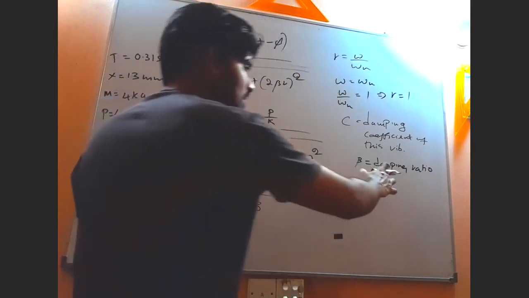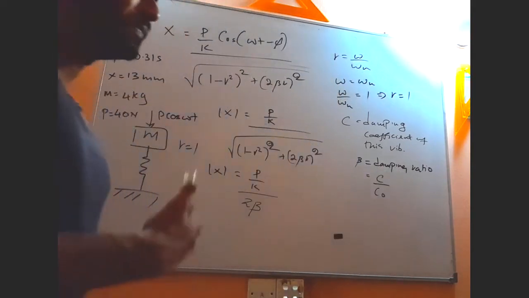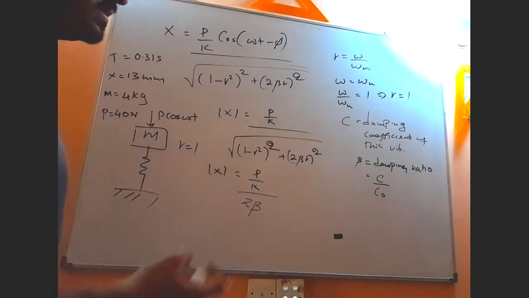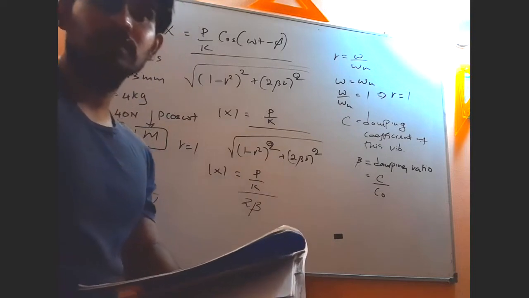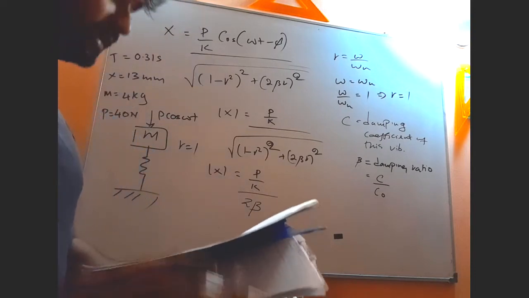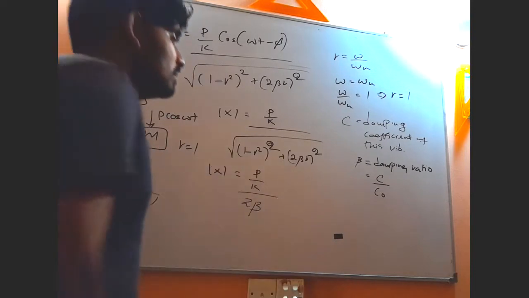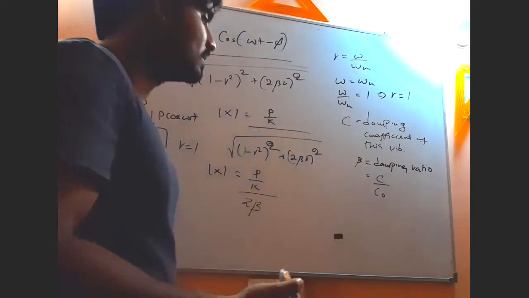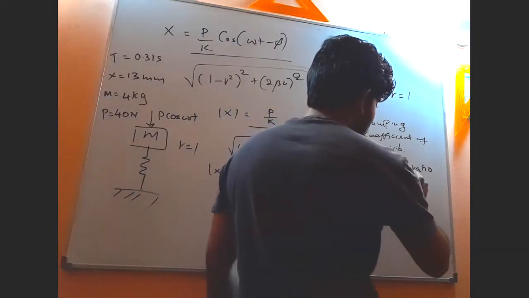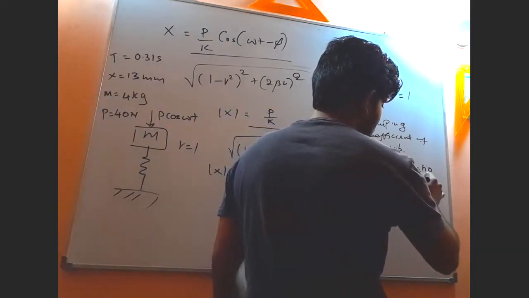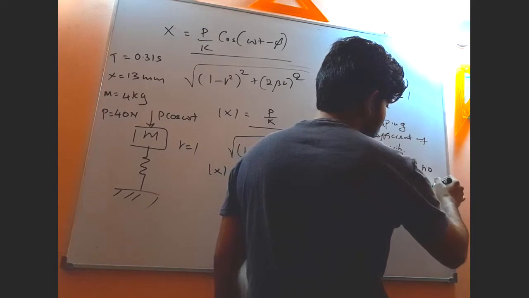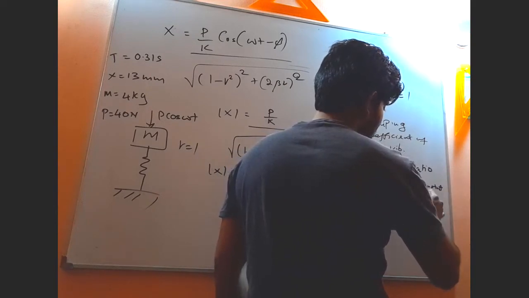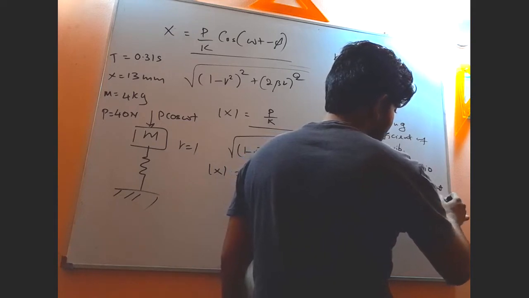C is the damping coefficient, and C naught is the critical damping coefficient, in other words, the critical damping constant. C naught is the critical value, and C is the value that we have to find.